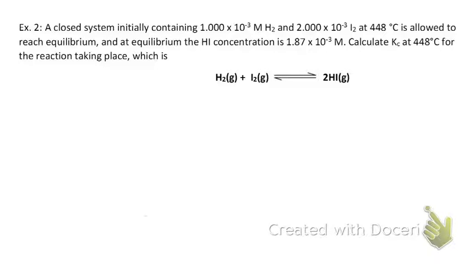All right, so I'm going to erase all that because I'm going to set up my ICE problem. Now, I would recommend that when you set up an ICE problem that you do so underneath your chemical reaction. So if you want to rewrite your chemical reaction, do so. That's what I'm going to do. So what I first probably should do is write my equilibrium expression, like I said before.